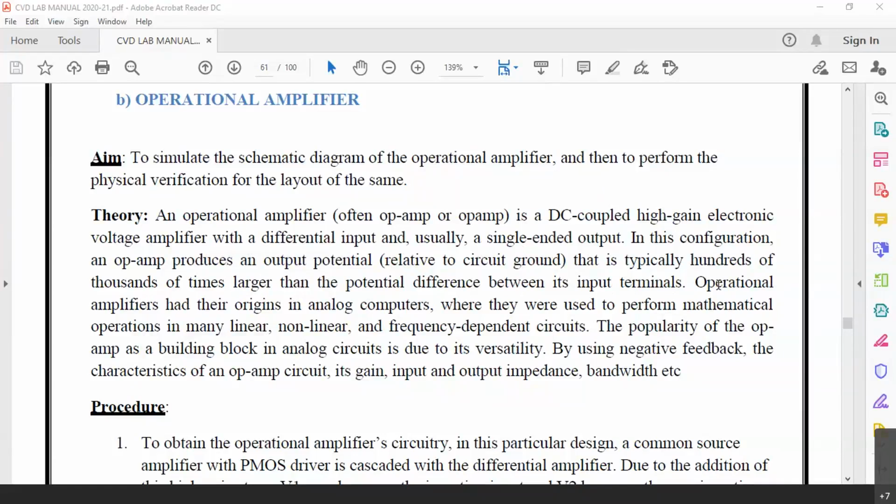As you already know, an op-amp has ideally infinite voltage gain and infinite current gain. Practically, it will have very high voltage gain. Operational amplifiers had their origins in analog computers, where they were used to perform mathematical operations in many linear, non-linear and frequency-dependent circuits.